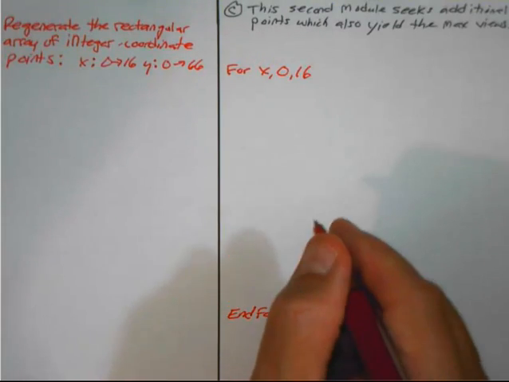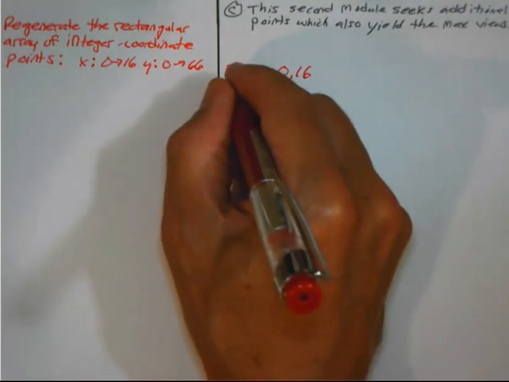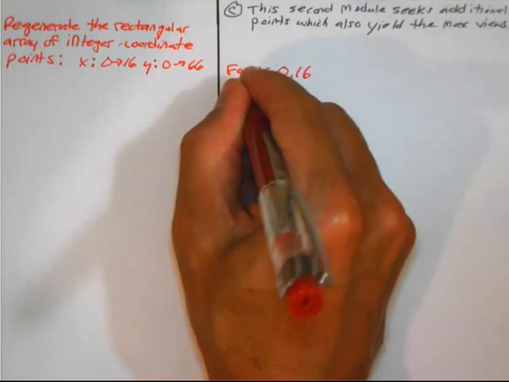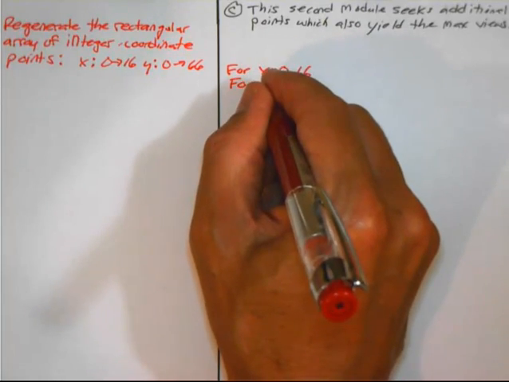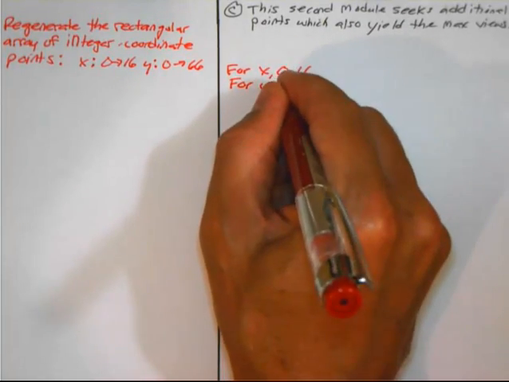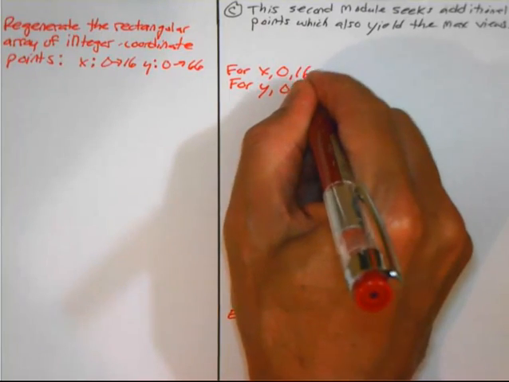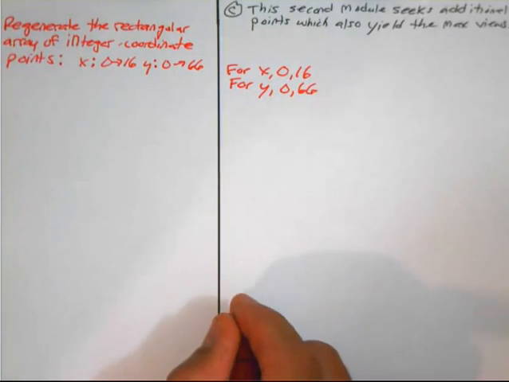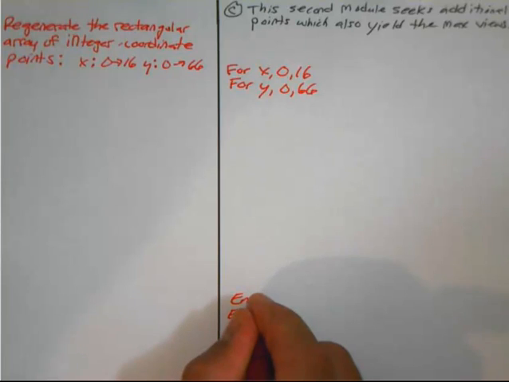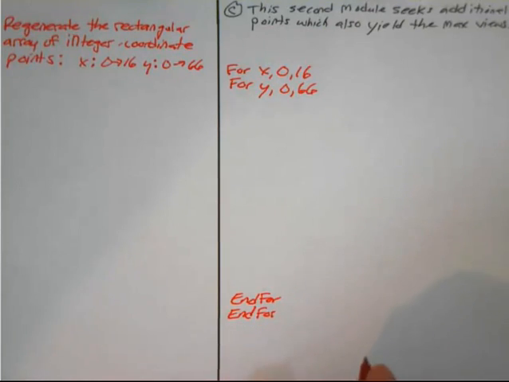And then we need the y coordinates to also be generated. So interior to this, another counter loop, only this one variable y, 0 to 66, and its corresponding next statement there. Alright, so now we've got this nice rectangular array of these points generated.